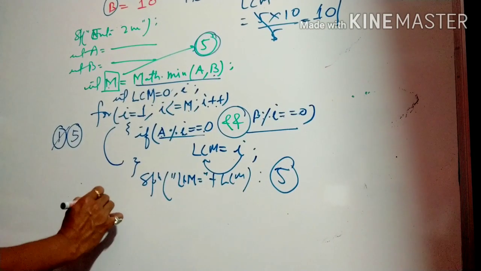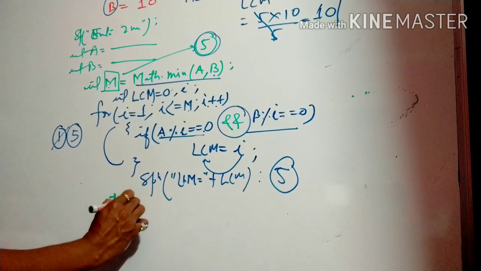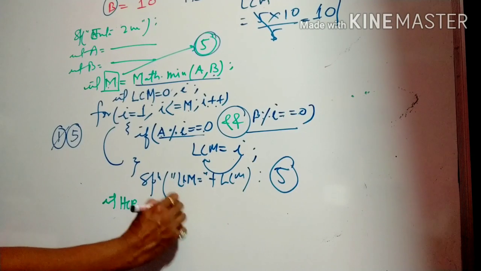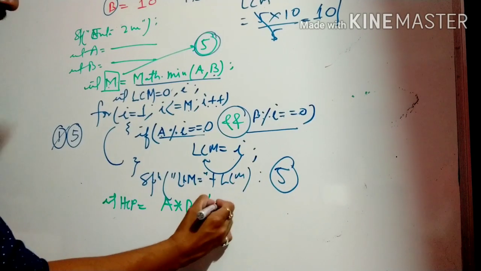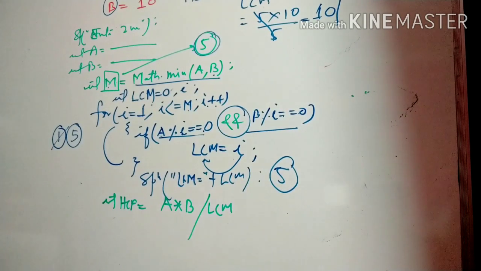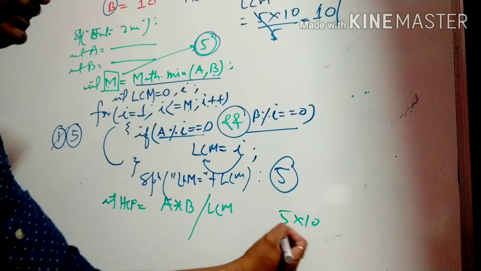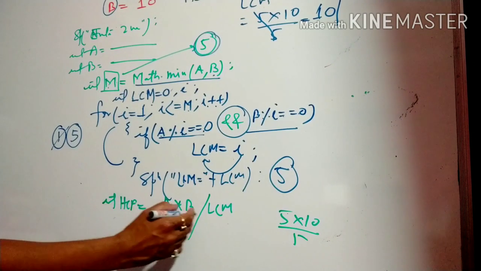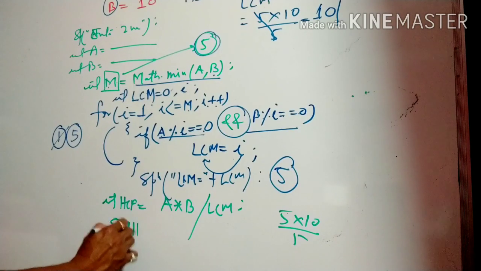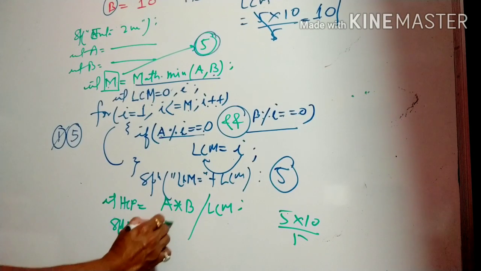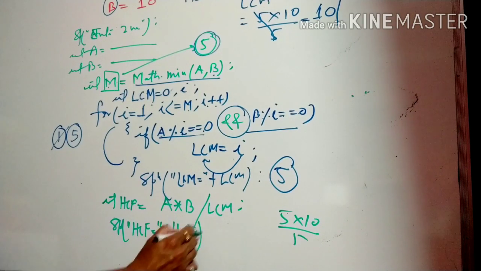And int HCF is equal to multiplication of both the numbers divided by LCM. So this is 5 into 10 divided by 5. Your answer will be stored in HCF, and when you print here HCF is equal to, what will we get?